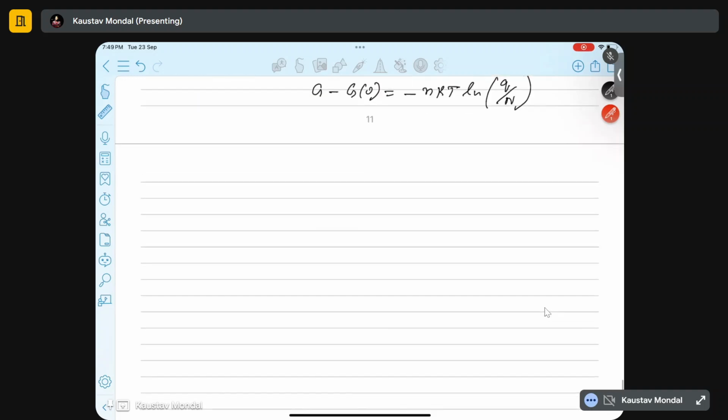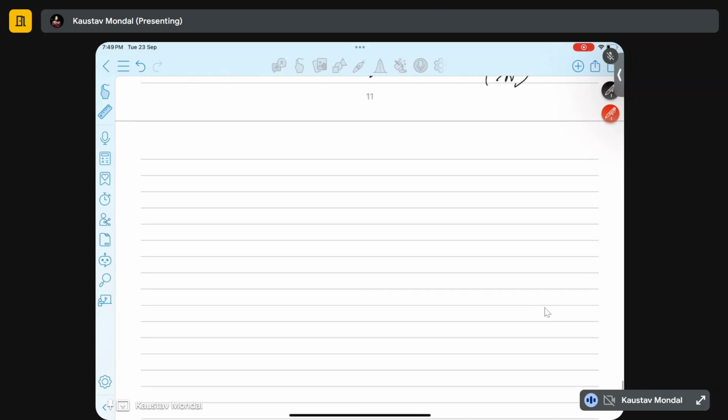In terms of molar Gibbs function, you can write it like this: Gm0 minus Gm0 at 0 equal to minus RT ln Qm0 by Na.